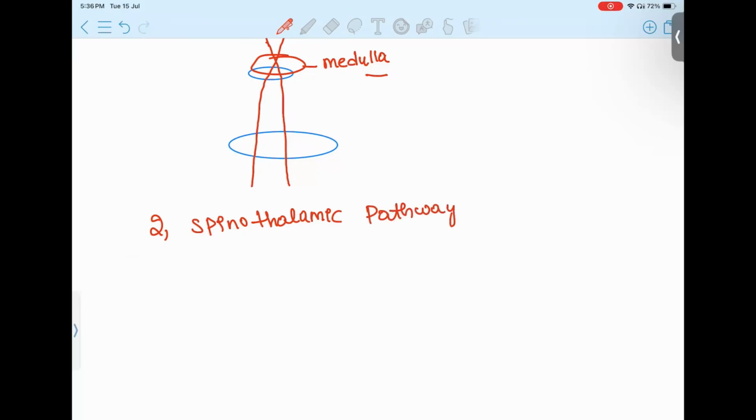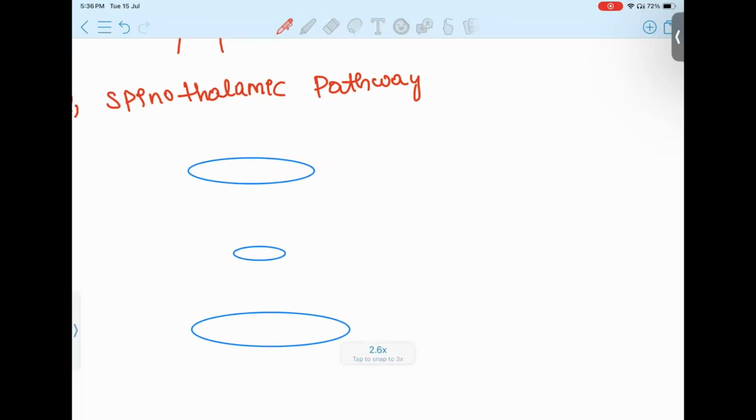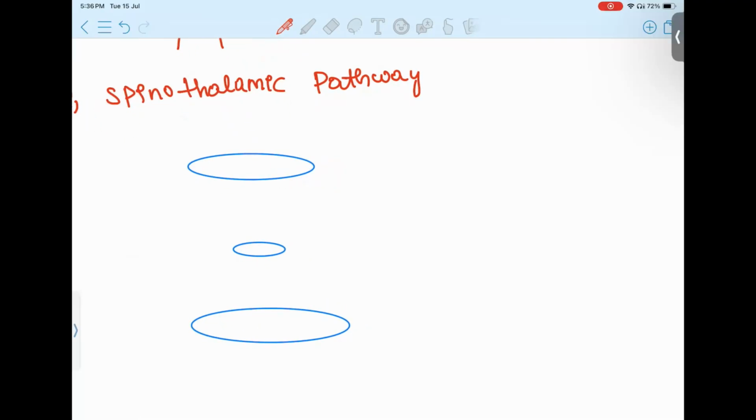So how is this going to happen? Here you can see, first, from the right side it is going to travel towards the left side. Then from here, it is going to decussate. So this is your right side, this is your left side.